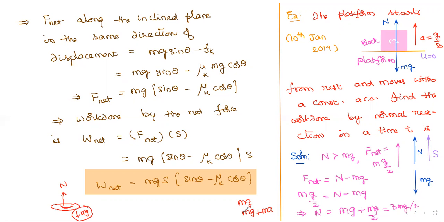That's why it is the problem. What reading you observe when you place the weighing machine in the lift and try to read your weight. Okay. So the weight read by the weighing machine is not your weight. That is the normal reaction applied by the weighing machine. So that normal reaction, whatever it measures as your weight, is called the apparent weight.